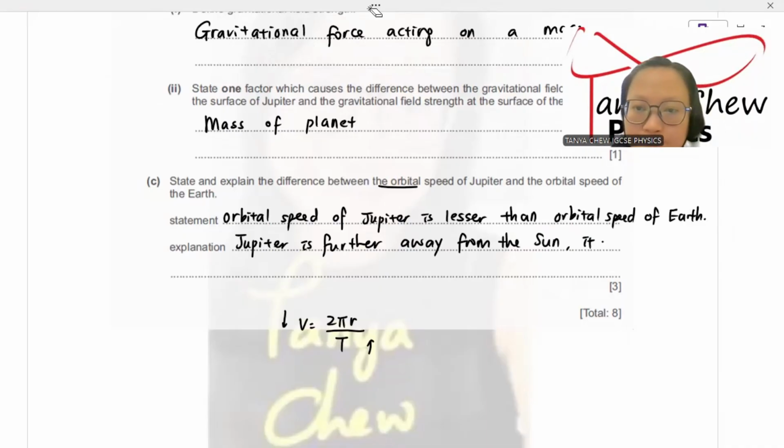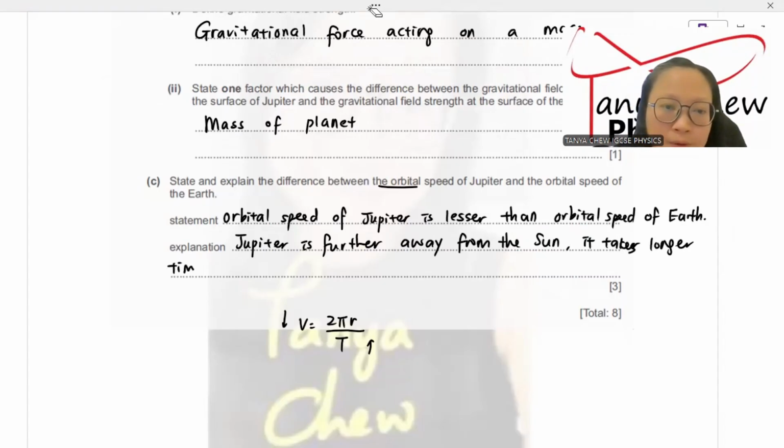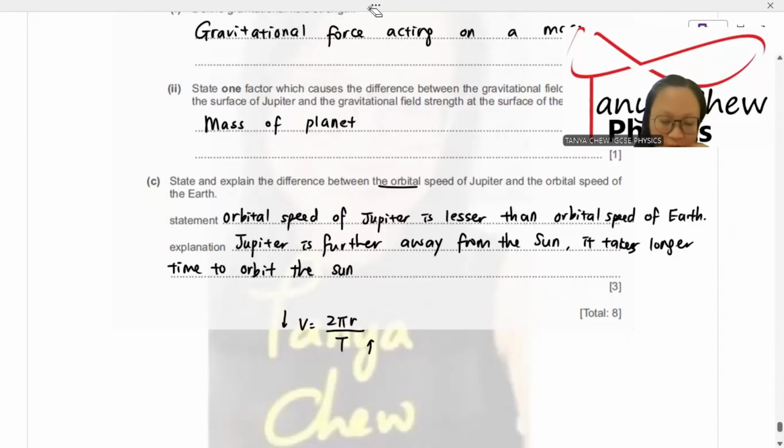It takes longer time to orbit the sun, or the distance, as compared to Earth.